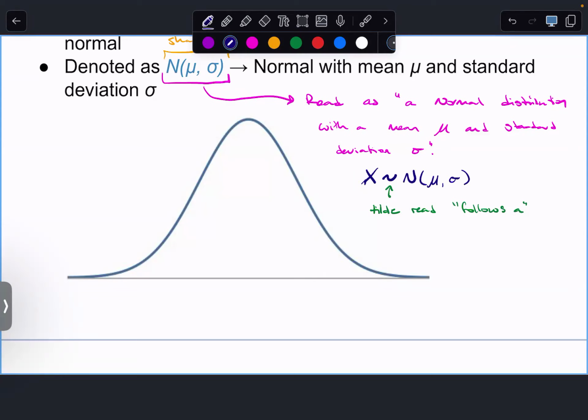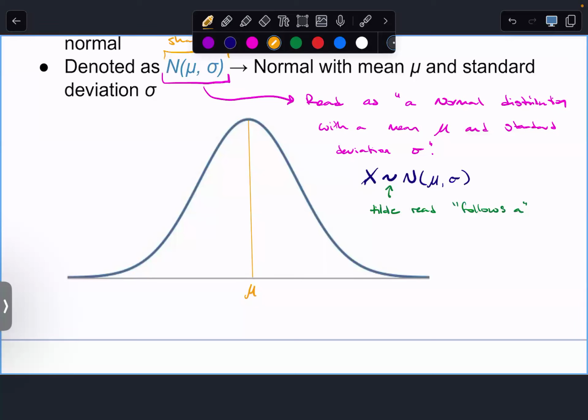So that shorthand condenses that blurb quite a bit, right? Now, we've got the shape, normal, right? And so it's drawn on here nicely already. The center mu is here.